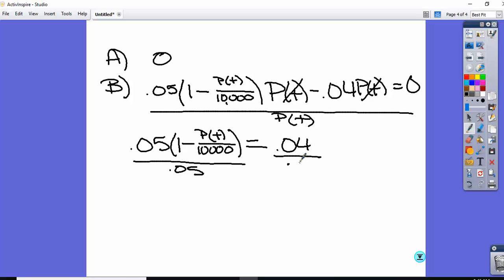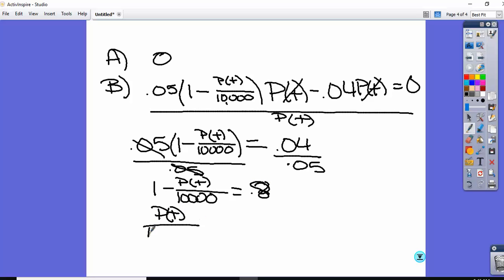Dividing by the 0.05. And then we subtract 1 from the 0.8. And that's a negative P of T, right?